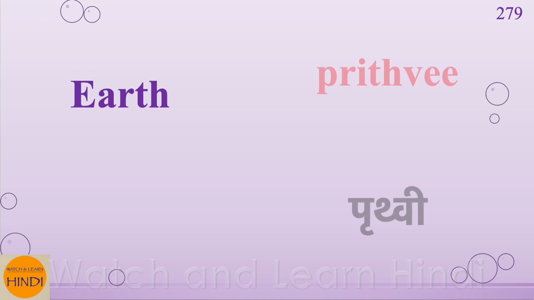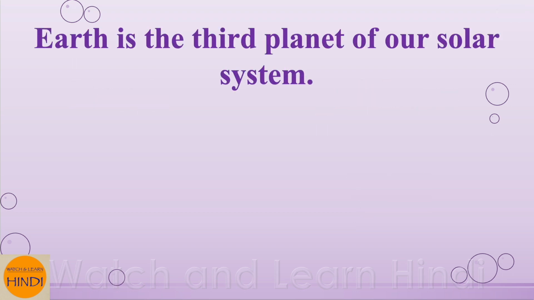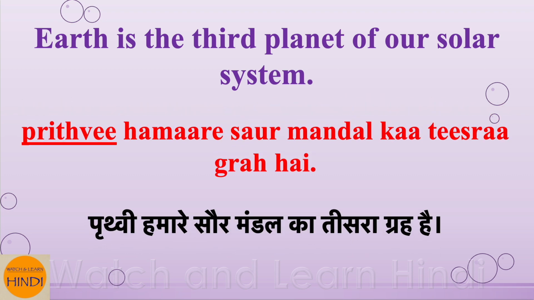Earth, पृथ्वी. Earth is the third planet of our solar system. पृथ्वी हमारे सौर मंडल का तीसरा ग्रह है. सौर मंडल is solar system. तीसरा is third. ग्रह is planet.